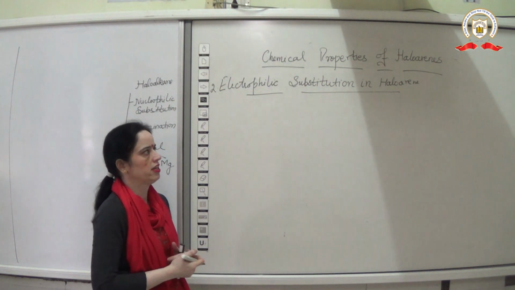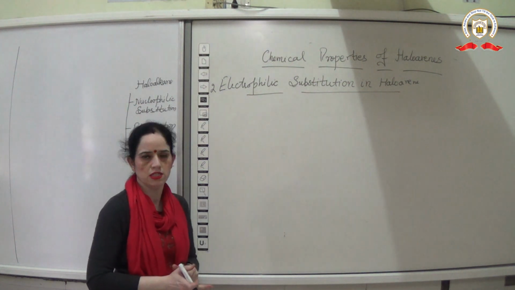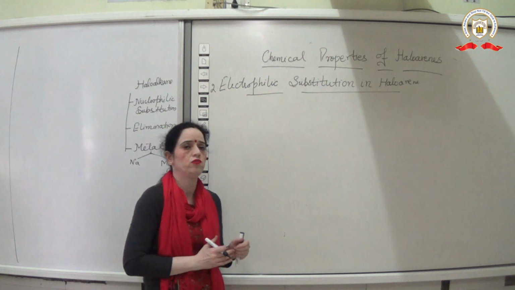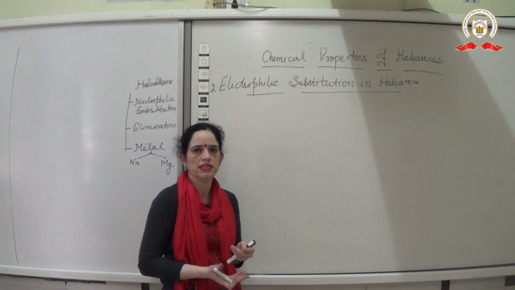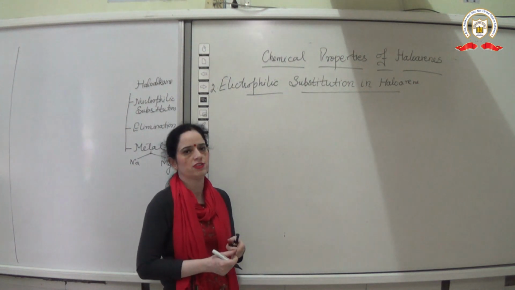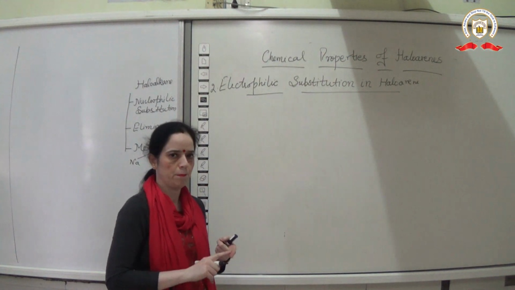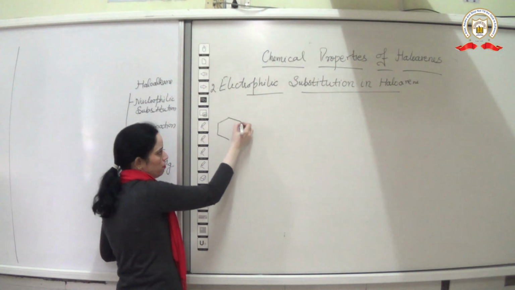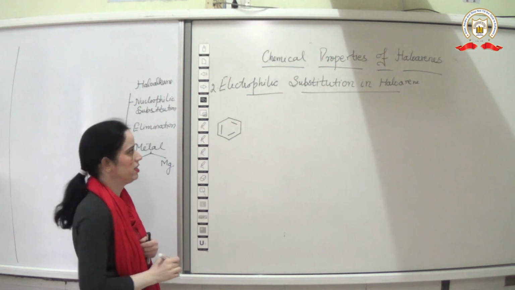And we all know that in case of haloarenes, the electron density is high on ortho and para positions. So, what do you think? The electrophile will be attacking which position? The answer that comes to your mind is those positions where the electron density is large. And the electron density is large on which positions? Ortho and para. So, let's have a look at how the ortho and para positions are rich in electrons, drawing the resonating structure.